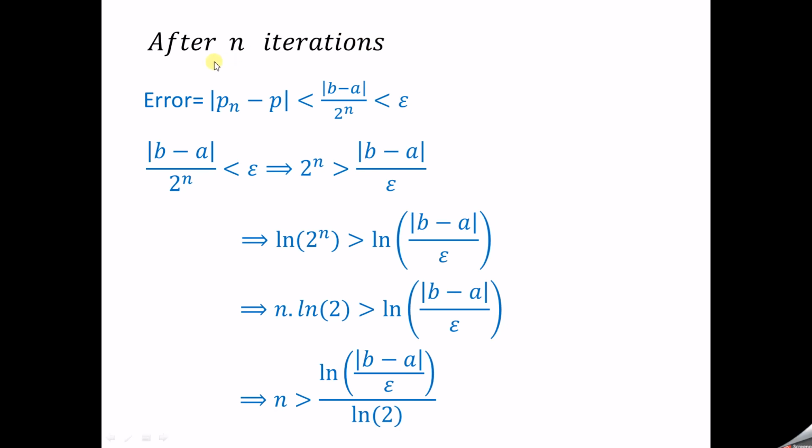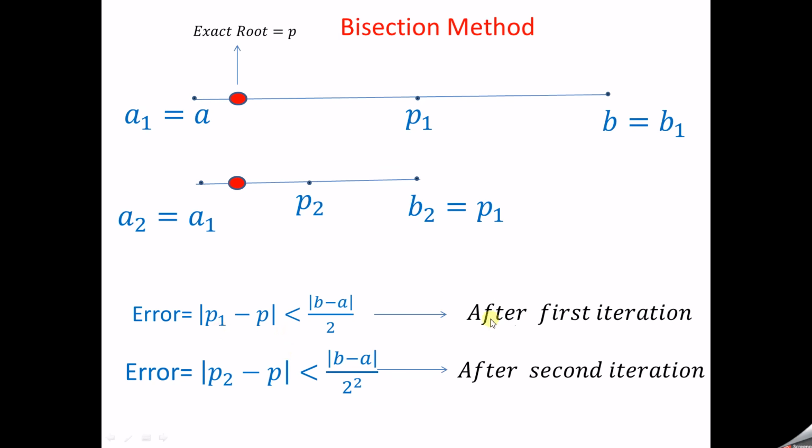So after n iterations, the error, that is the difference between approximation and exact, will be B minus A over 2 power n, in absolute value. So the length of the interval divided by 2 power n. If you observe, in the first approximation stage, the error will be less than B minus A over 2.